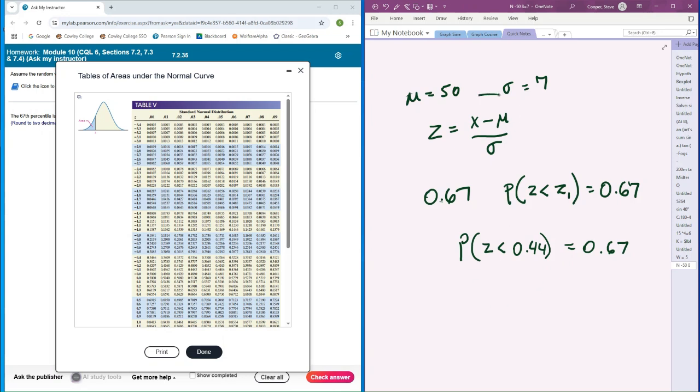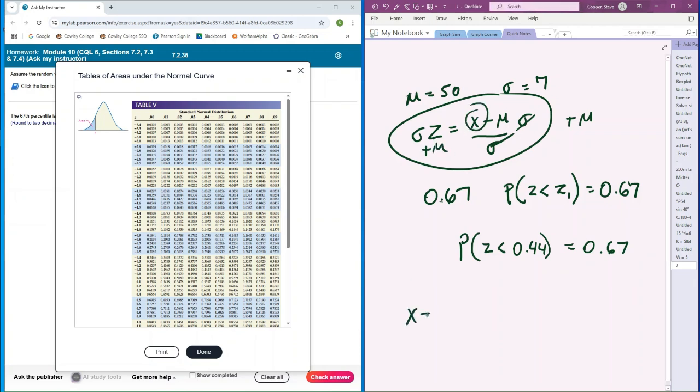So now we're going to take this and find the x value. Now if I were to solve this for x, I would multiply both sides by sigma, and then I would have to add the mean to both sides. Okay, and that isolates x.